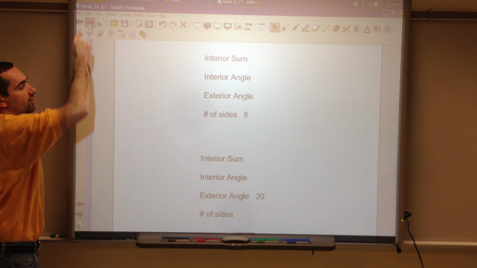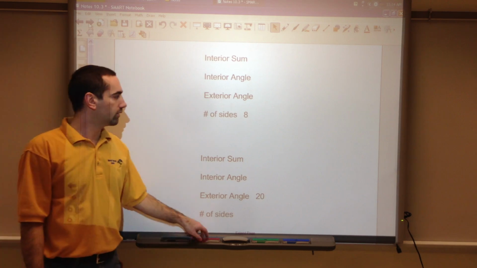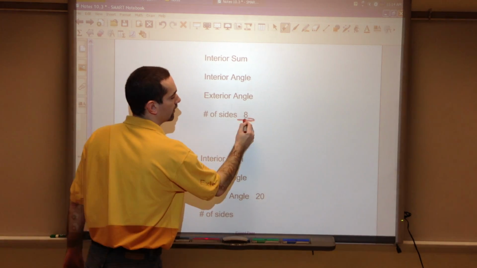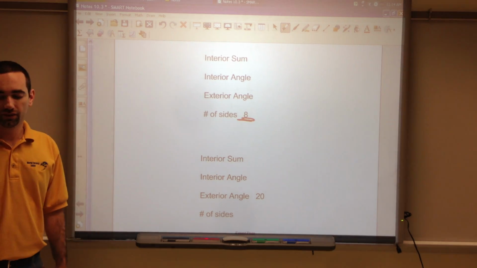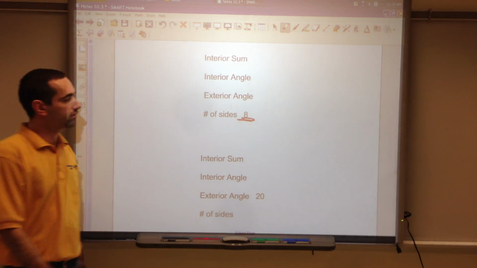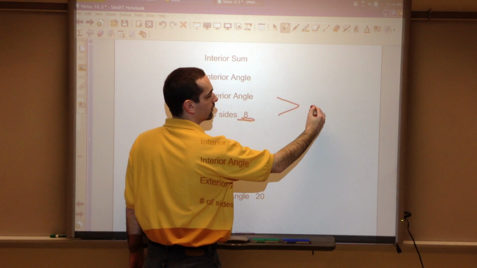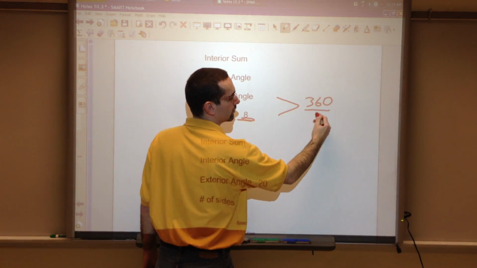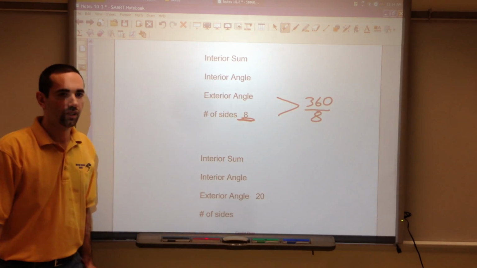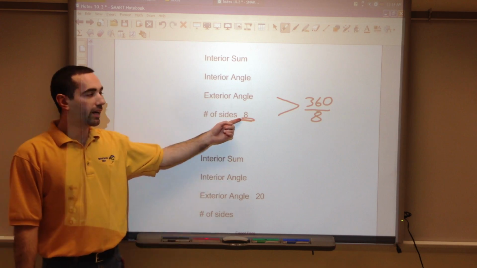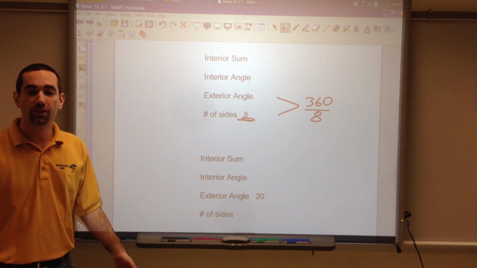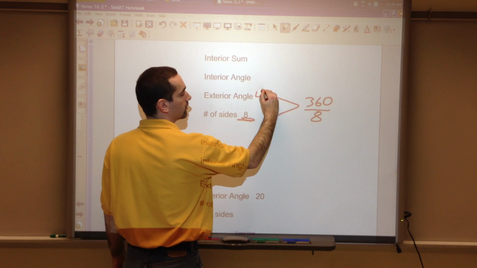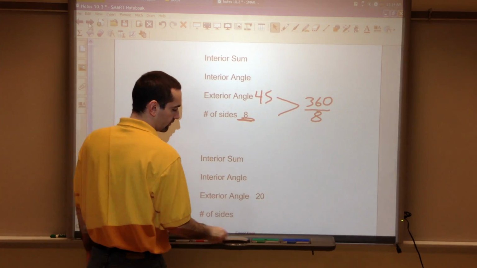So let's apply this. I have 8 sides. So let's find the exterior angle. I did 360 divided by what I had, which is 8. 360 divided by 8 is 45.